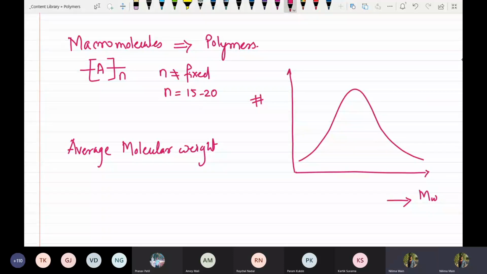On the y-axis it is number of molecules. On the x-axis I've shown the different molecular weights that we can have depending upon the number of monomers. Correct? So that is why we have to consider the average.